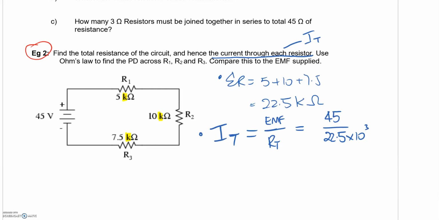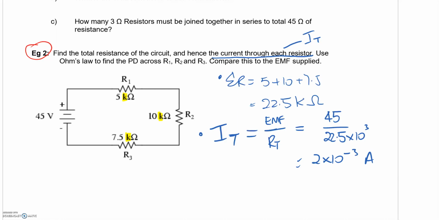So 45 over 22.5 by 10 to the 3. I got 1/500th. What do we got? 2 by 10 to the negative 3. That makes sense. 2 by 10 to the negative 3 amps.